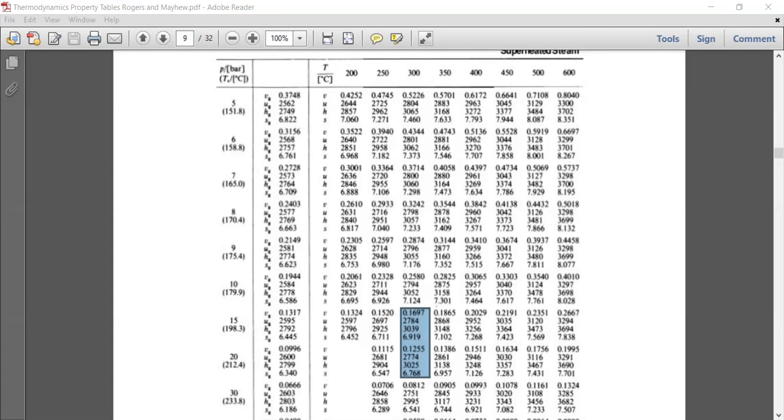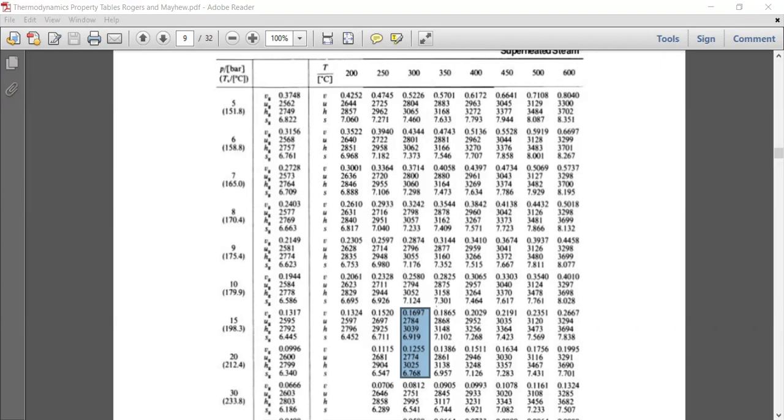For the left side you have the X value, the quality, here. But for the right side you have to use this, which is at 300 superheat. So you have the V, U, H, S values at 15 and at 20, so you have to do interpolation.